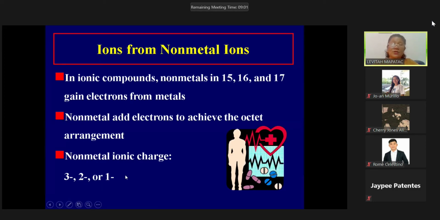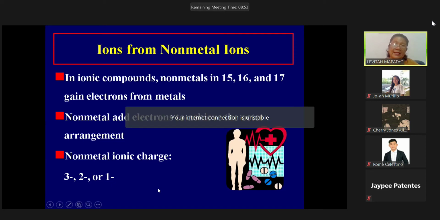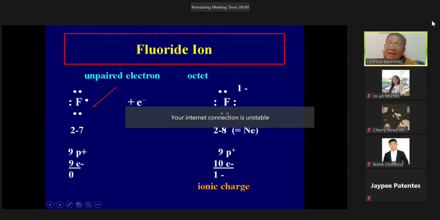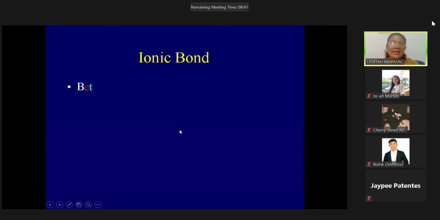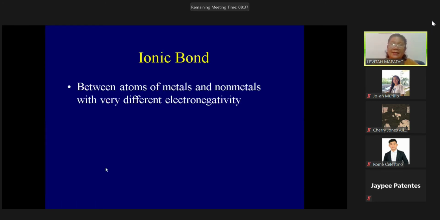So, this non-metal will have a charge of negative 3, negative 2, or negative 1. For instance, our fluorine has 7. So, how many does it need? 1. So make it into 8. So, that is ionic bond, a bond between atoms of metals and non-metals.